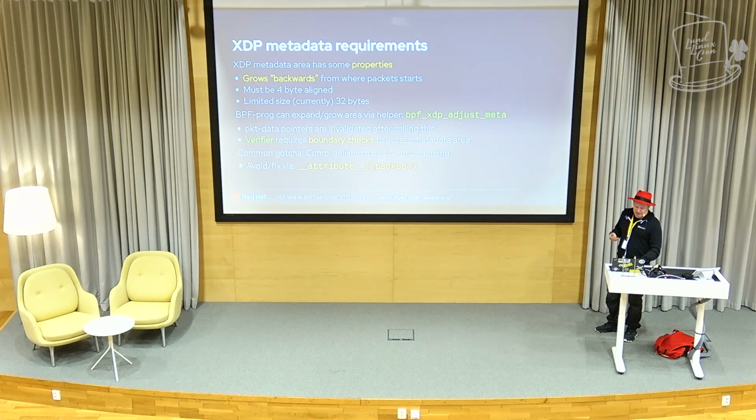That's how we do it today: we can call a BPF helper called adjust meta, and we can grow this area and put different stuff in there. Then the verifier will do the boundary checks, or rather we require that you do the boundary checks on the metadata area, just as you have to do today for accessing the data area, for gaining direct memory access to the data area in packets.